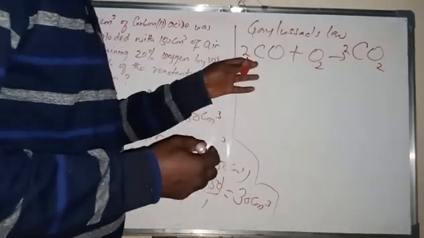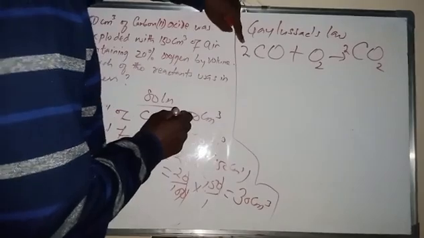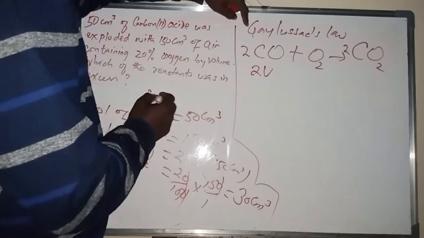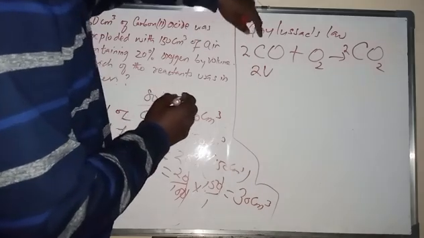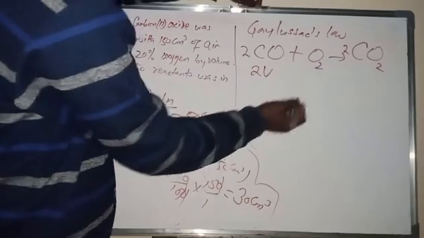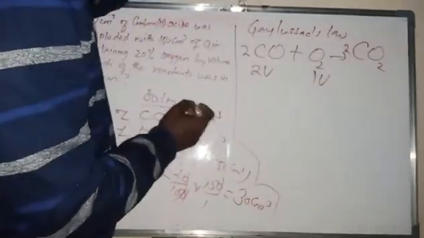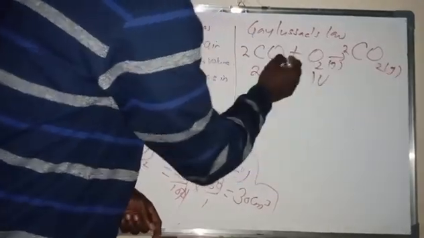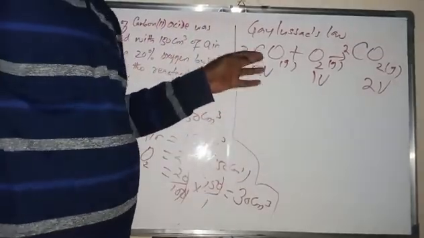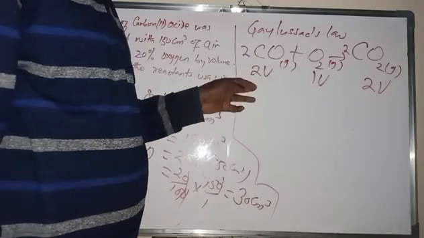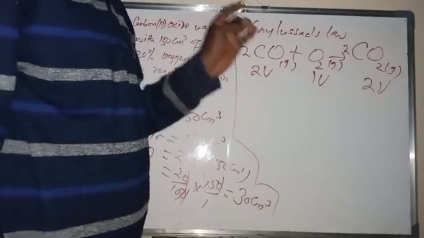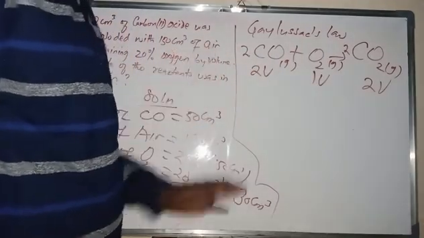By Gay-Lussac's law, 2 moles of CO implies 2 volumes, 1 mole of oxygen implies 1 volume, and carbon dioxide, since the product is also a gas, 2 volumes. So 2 volumes of CO require 1 volume of oxygen to produce 2 volumes of carbon dioxide.